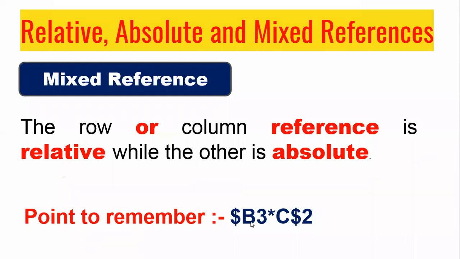Now what are we making? We are making the row absolute and the column is relative. Column is relative. Kindly concentrate.